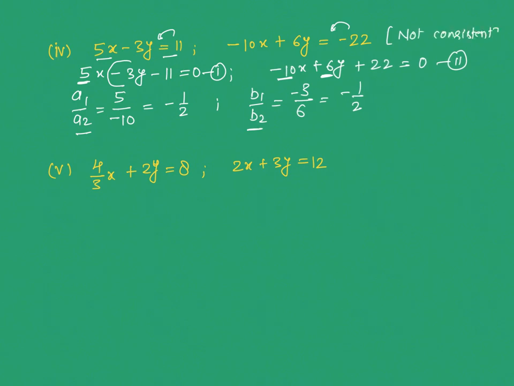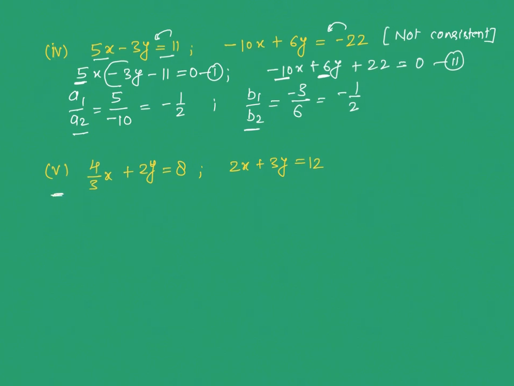Right? Now let's attempt the fifth question. So the same approach, we'll take the LCM. So for LCM, what we can do, we can simplify this equation plus 2y, and 2y can be written as 2 upon 1y. And when you take this number 8 on the left side, it will become minus 8 equals 0, and minus 8 can be written as 8 upon 1.